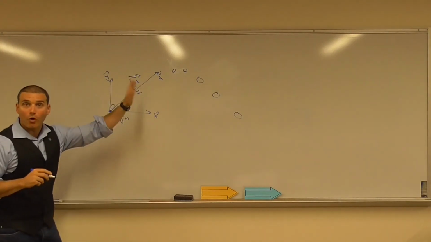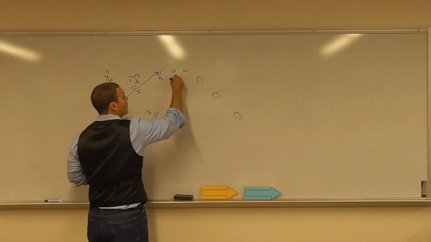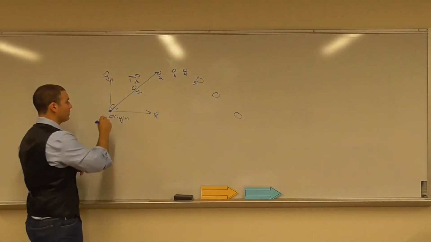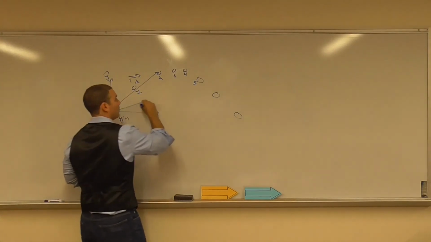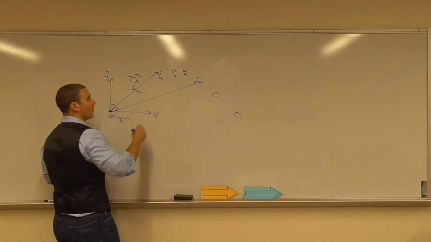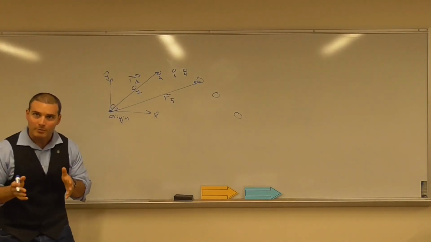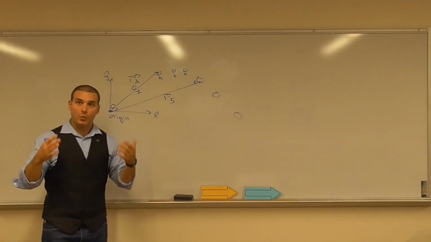I do the same thing for all of these points: 2, 3, 4, let's say 5. I want to go to the fifth one. I do the same thing. I draw it from the origin to the point, and I might call that one R5. But the notion of a displacement applies to two dimensions as well.